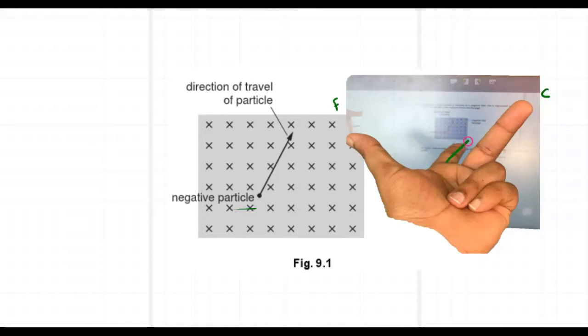Magnetic field lines are into the page, it is mentioned in the question. So you have to align your index finger into the page. And second thing, you have to align the direction of current.